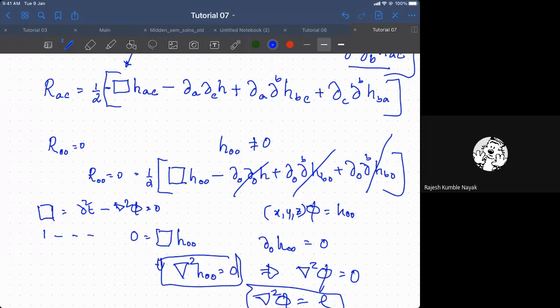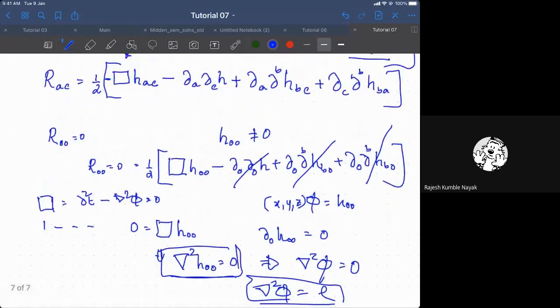So this eventually leads to the proper sign for the Laplacian equation. Those are some minor details which you should be able to see, but eventually the goal is to show that it is a Laplace equation which would come out from the Ricci tensor being 0, which is called the vacuum Einstein's equation.